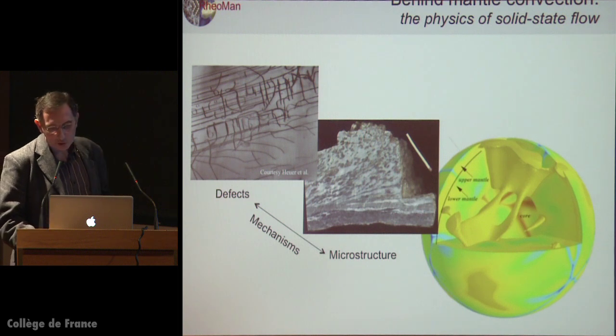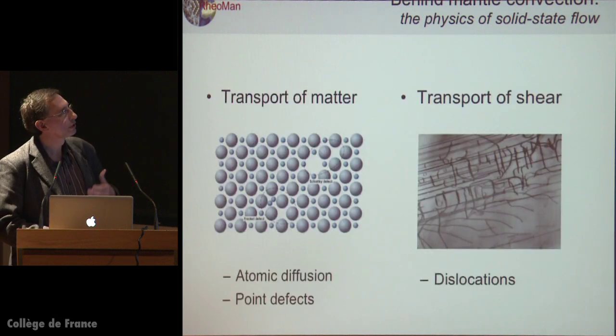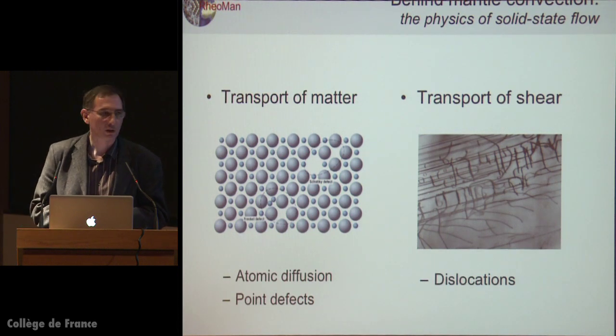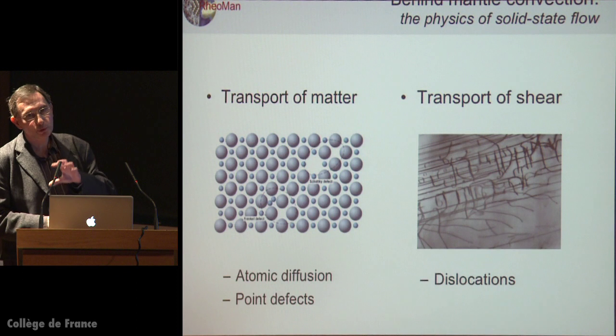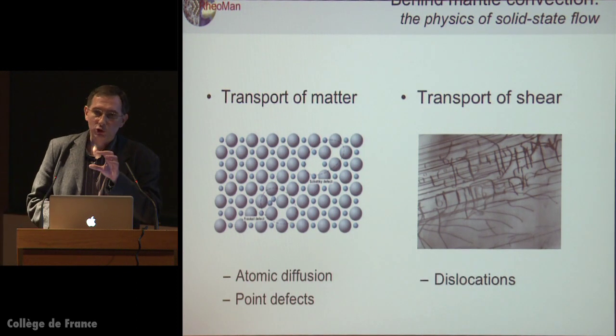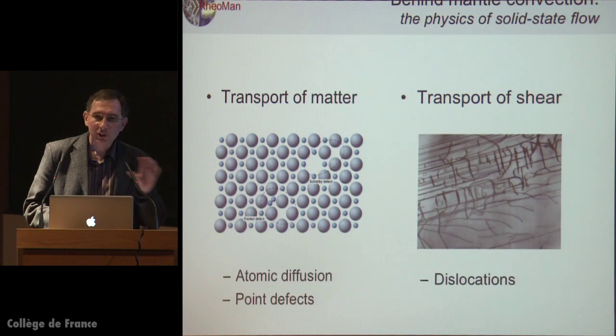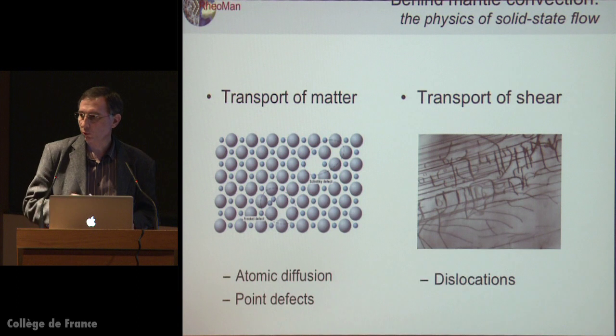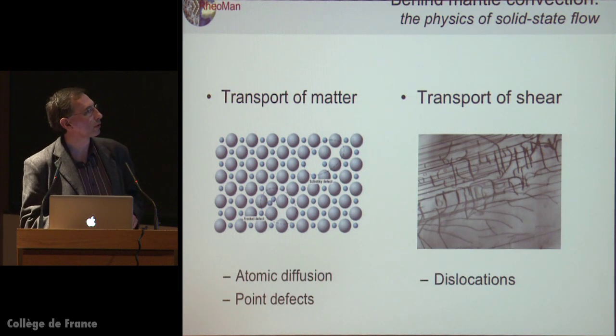There are, in fact, 2 different kinds of models or 2 different kinds of mechanisms by which you can deform crystalline solids. One is just to transport matter from one part of the crystal to another. You do that just by diffusing the atoms, by moving the atoms. And for that, you need point defects, and I think that John will speak about that in an hour or so.